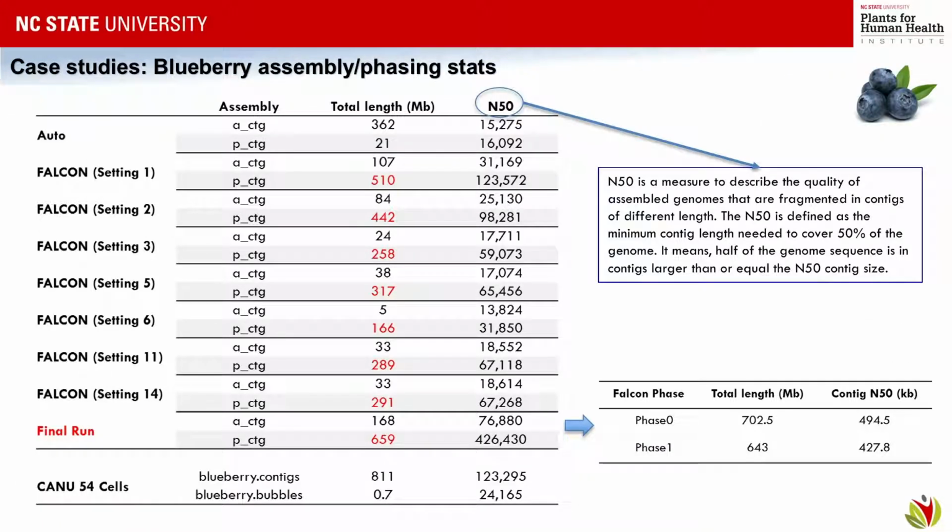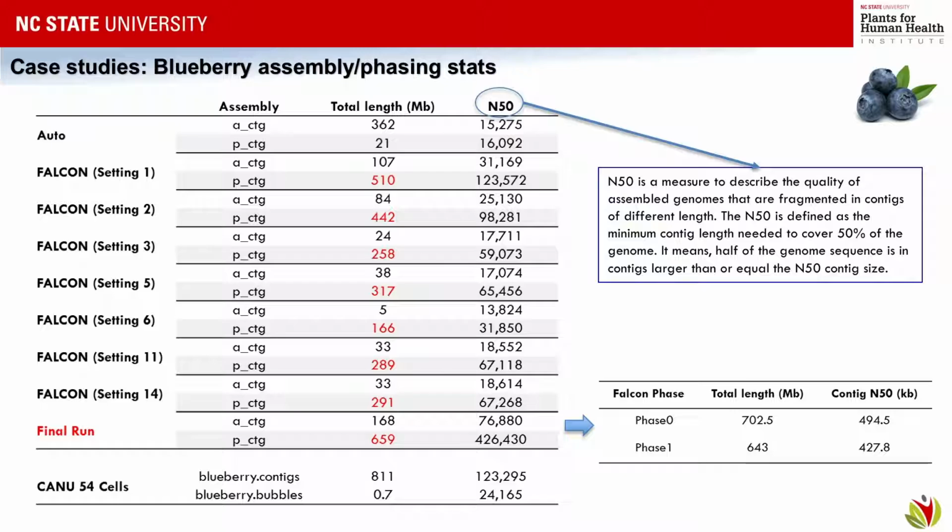As I mentioned earlier, we ran around 16 rounds of assembly in different cases, tuning the parameters. We started to get different genome sizes, and eventually in the final round, after optimizing, we got something close to the estimated genome size. Using the Hi-C data that I mentioned earlier and the FALCON-Phase pipeline offered by PacBio, we were able to phase this genome into 2 haplotypes for each chromosome, phase 0 and phase 1.